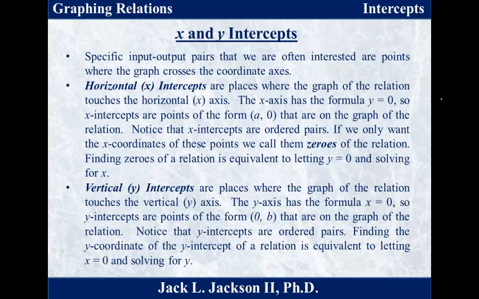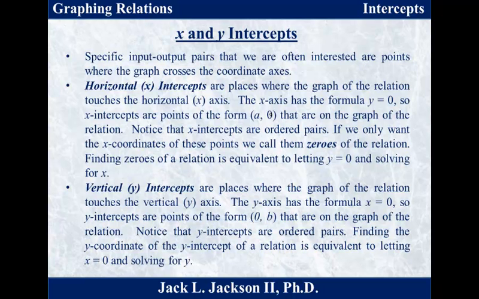So if I ask for an intercept, you should be giving me an ordered pair. Now, occasionally we'll get lazy and just say this intercept is a, whatever a is, assuming that the person knows that the y-coordinate is 0. But that's technically not correct. So we really should talk about an intercept as an ordered pair. If it's on the x-axis, the y-coordinate is 0. So that part we know.